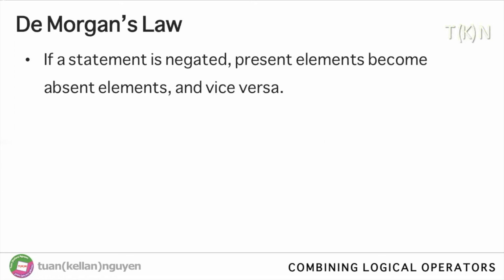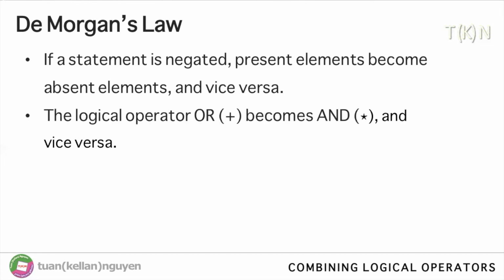We have the last rule, the Morgan's law. This rule states, if a statement is negated, the present elements become absent elements and vice versa. The logical operator OR, the plus sign, becomes the AND operator, the star sign, and vice versa.